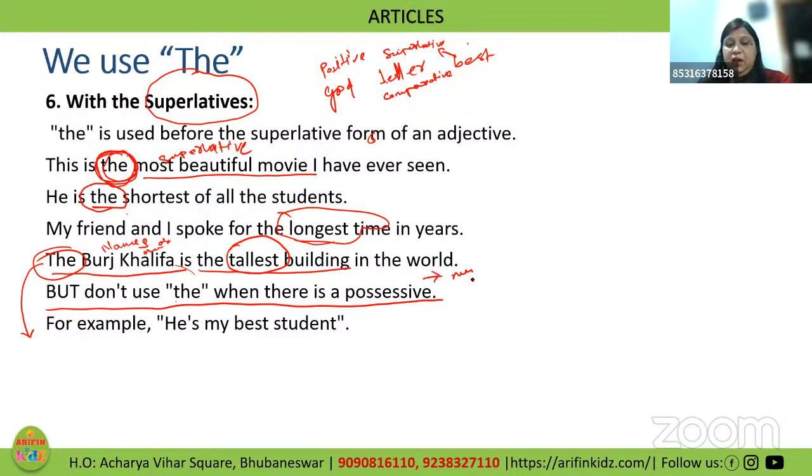Possessive means my, our, your, his, her, their. In this case, we do not use any article because an adjective is already there. These are called possessive adjectives, no?